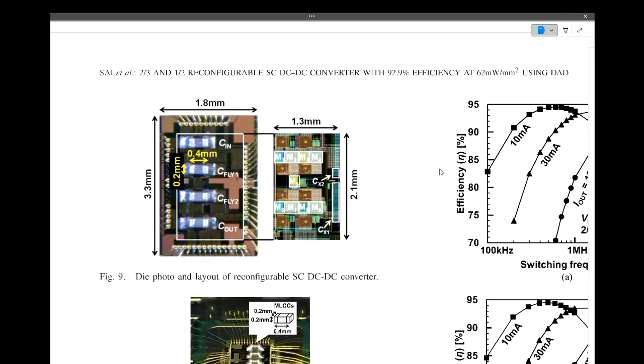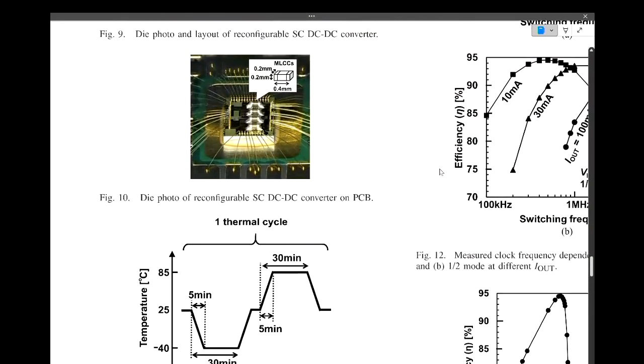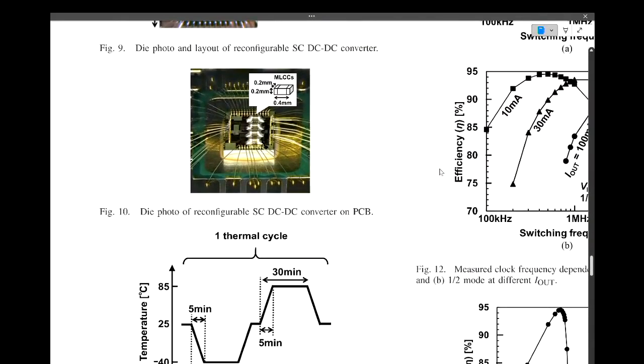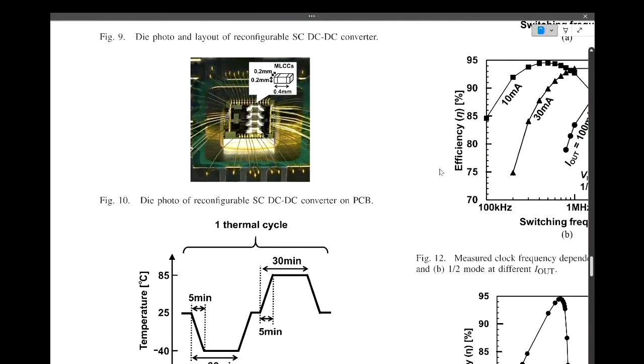And between them are 9 transistors, M1 to M9. We can also see it on the PCB. Its size is 0.2 millimeter times 0.2 times 0.4.